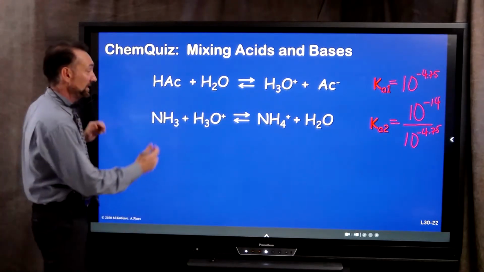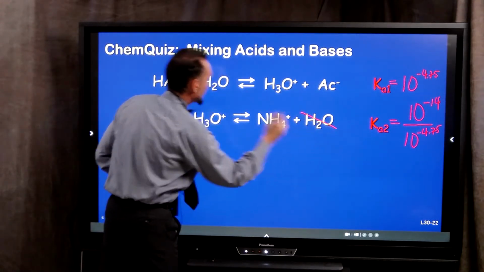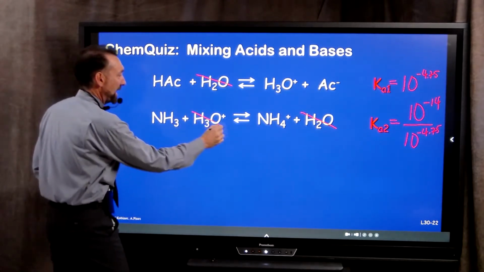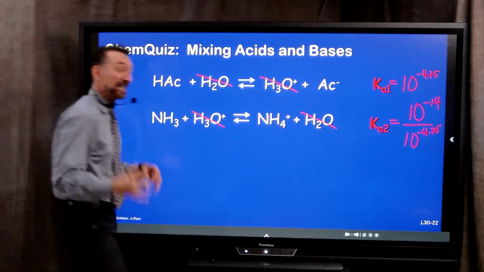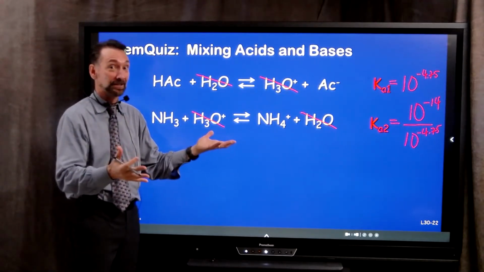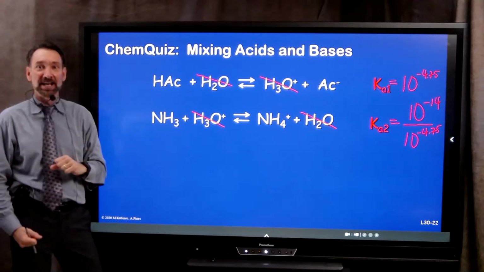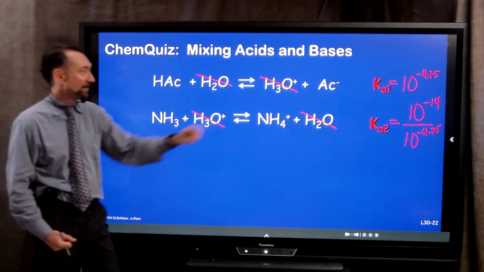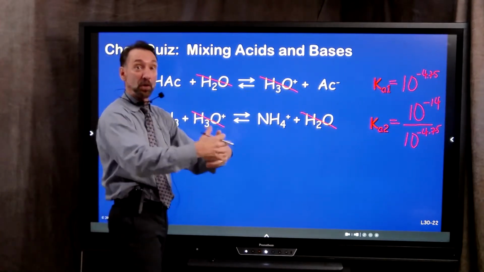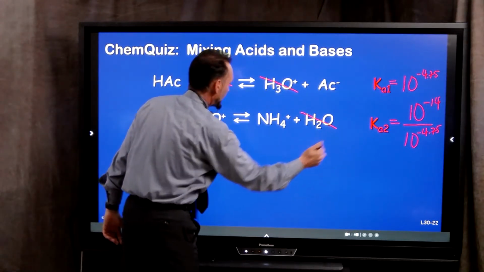You'll notice it's convenient because if I do that, then that cancels with that, and that cancels with that, and that's what we were saying. We were saying our starting point is every H3O plus reacts with an NH3 and forms NH4 plus and Ac minus. Where does the equilibrium go from there? Well, the equilibrium goes from there.